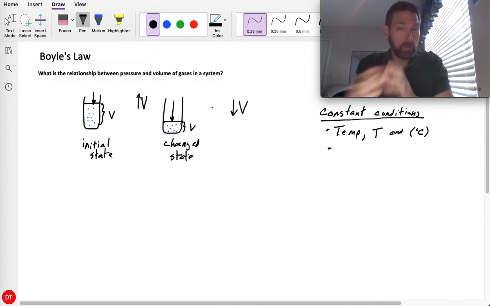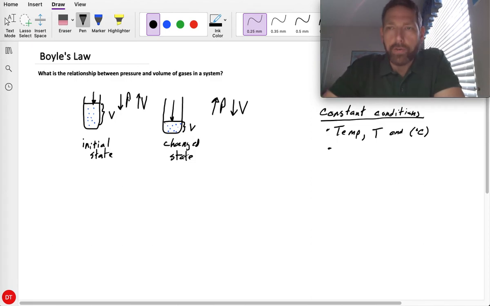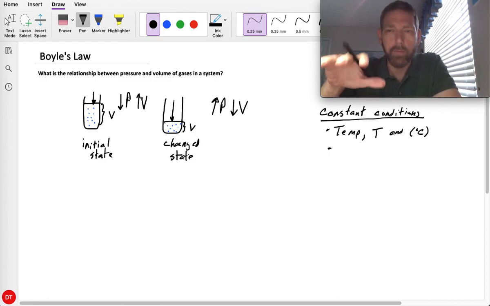That's a force, right? So as we decrease the volume, we had to increase the pressure. Conversely, here, when there was an increase in volume, there must have been a decrease in pressure. We can visually see that. And if you keep that in mind, this basically is the concept of Boyle's law.